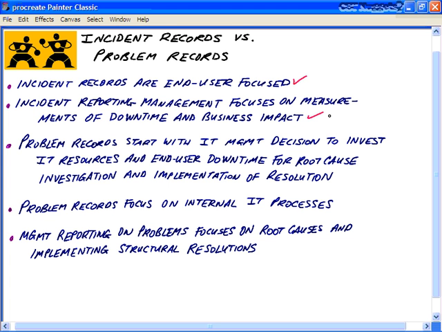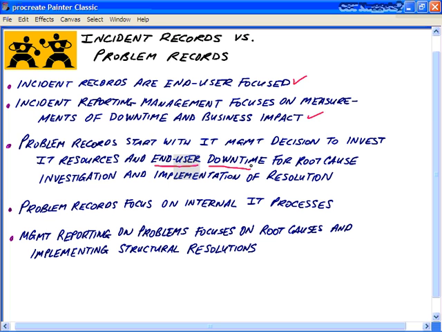Maybe a new fault-tolerant solution, okay? These are the problem records, okay? They are management decisions to make investments of resources and the aspect of end user downtime for root cause investigation. What is the root cause of the incidents, okay? And the implementation of a resolution.